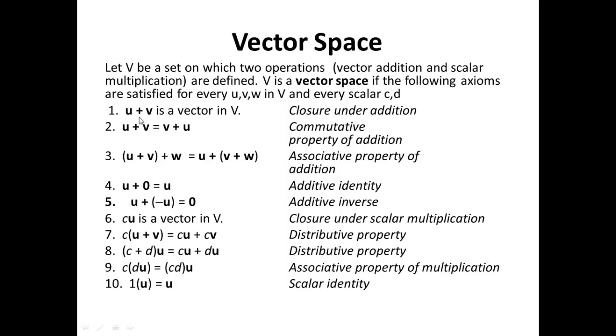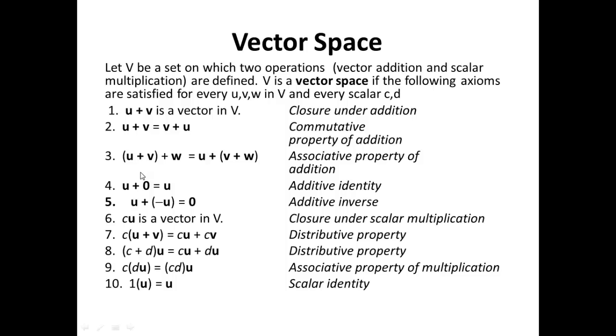Axiom number 1: u plus v is a vector in V, i.e. closure under addition. Axiom 2: u plus v equals v plus u, that's commutativity with respect to addition.